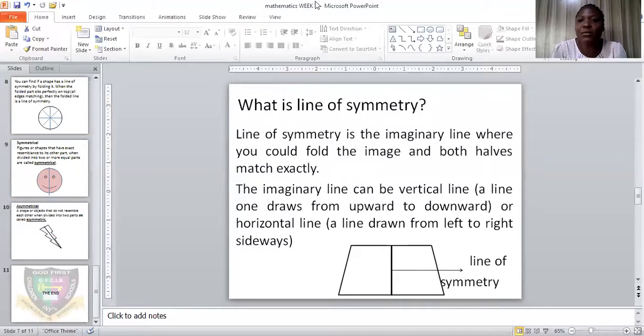We said you can have your line of symmetry. What type of shape is this? Good. This is a square. I can have my line of symmetry on this square by dividing this object into two equal parts. Can you see my line of symmetry coming forth? Because I have divided the shape into two equal parts.